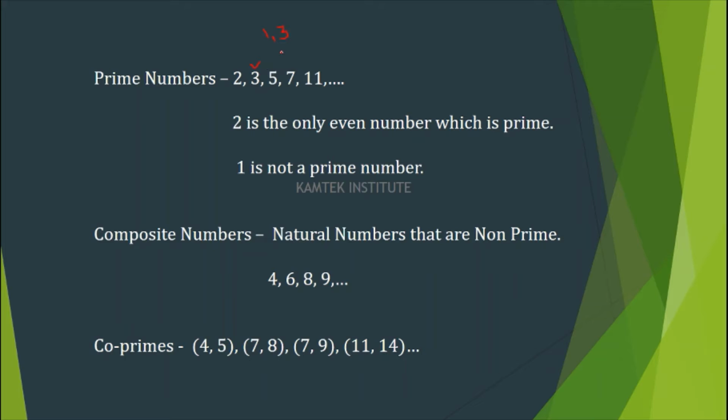3 is not divisible by 2. Now we take 5. 5 again has got two factors, 1 and 5. Right? It is not divisible by 2, it is not divisible by 3 or 4. So it is a prime number. Same is the case with 7 also, and same is the case with 11 also, and for that matter even 13, 17, 19, these are all known as prime numbers.